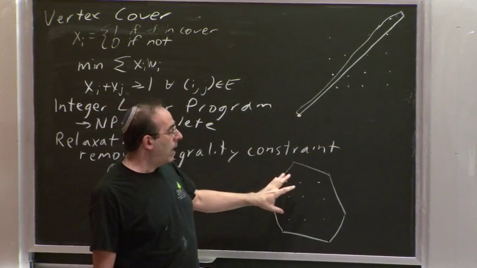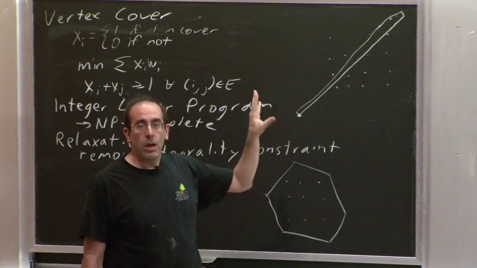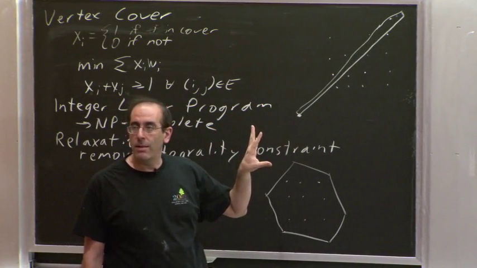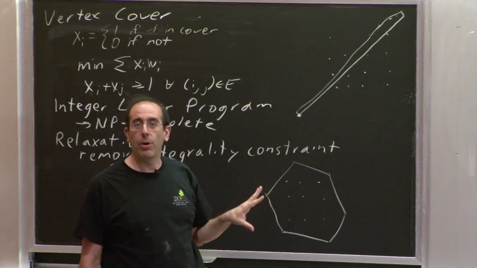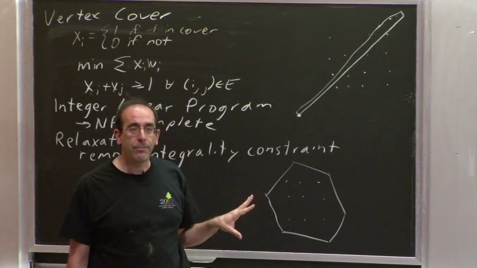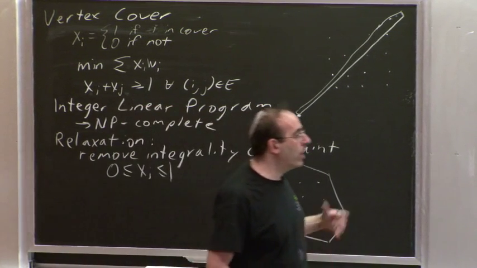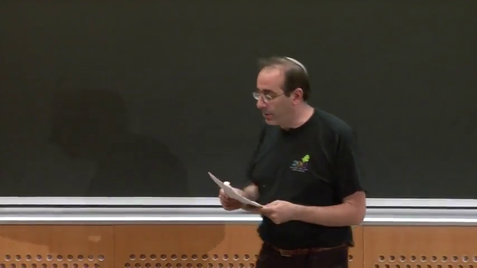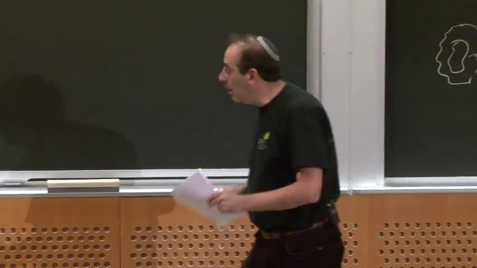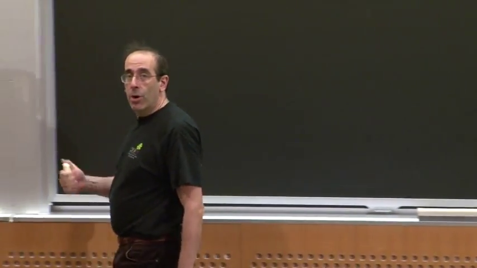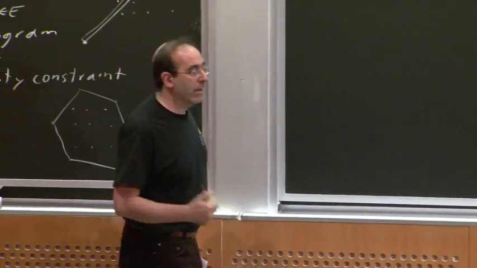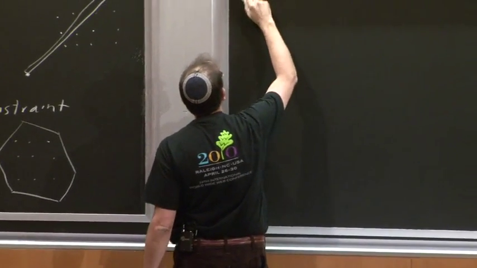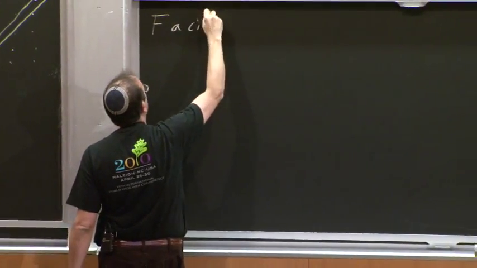And so in this approach, a lot of the cleverness involves picking the right integer linear program to start with. What is a good set of constraints that makes the fractional solutions track the integer solutions? So let me give you a more involved example of this kind of LP relaxation for a problem known as facility location.